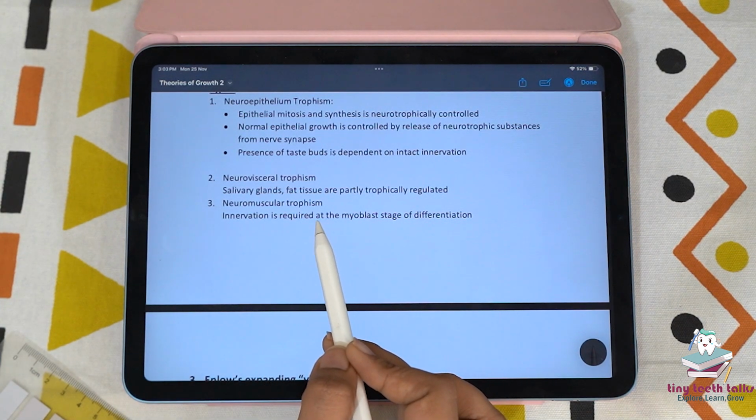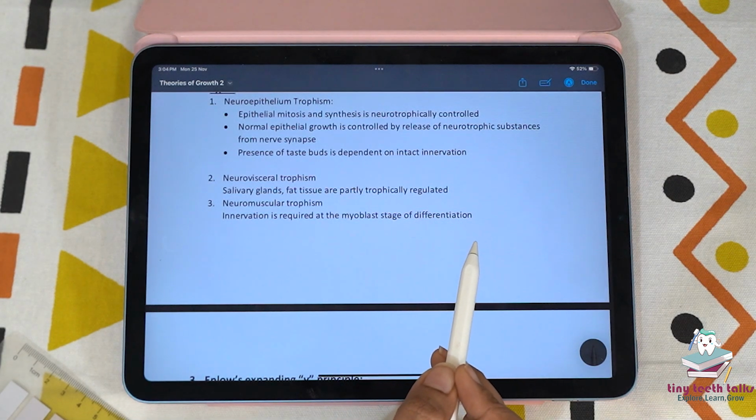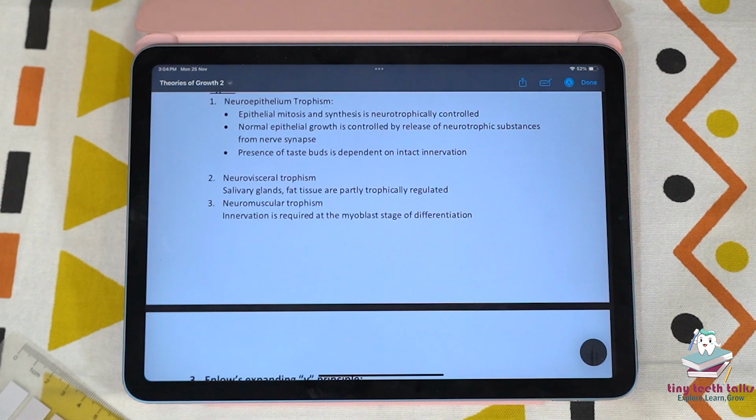And in neuromuscular trophism, innervation is required at the myoblast stage of differentiation, meaning for muscles to develop properly, nerve connections need to be established during the early stage of muscle cell development. So basically, in neuroepithelial trophism, nerves control the growth and maintenance of the epithelial tissue and taste buds. In neurovisceral trophism, nerves help regulate the growth of salivary glands and the fat tissue. In neuromuscular trophism, nerves are necessary for proper muscle development from an early stage.